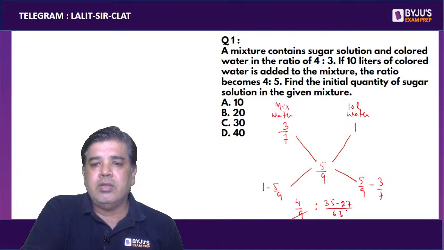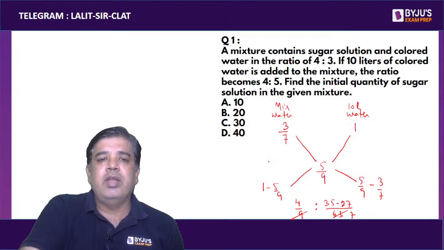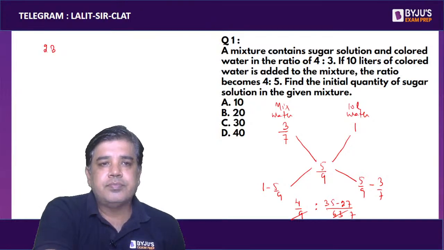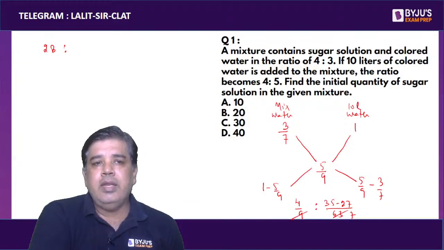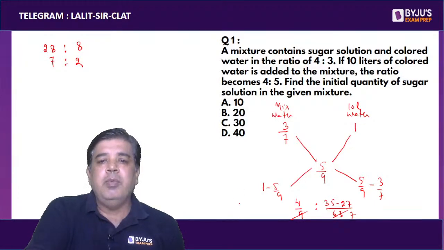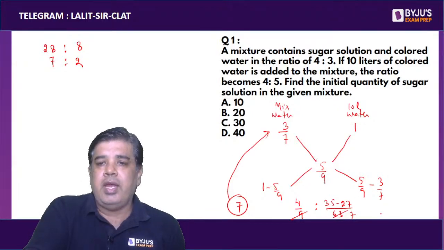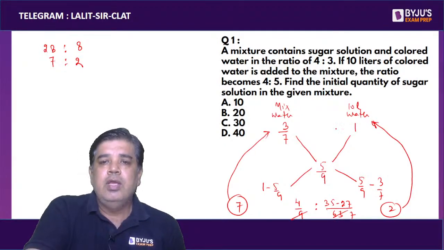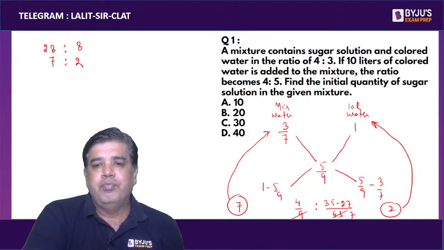So this is cancelled. 7 into 4, 28, and this is 8. So 4 into 7, 4 into 2. It means 2 parts of mixture and 2 parts of water and 7 parts of the mixture was taken.